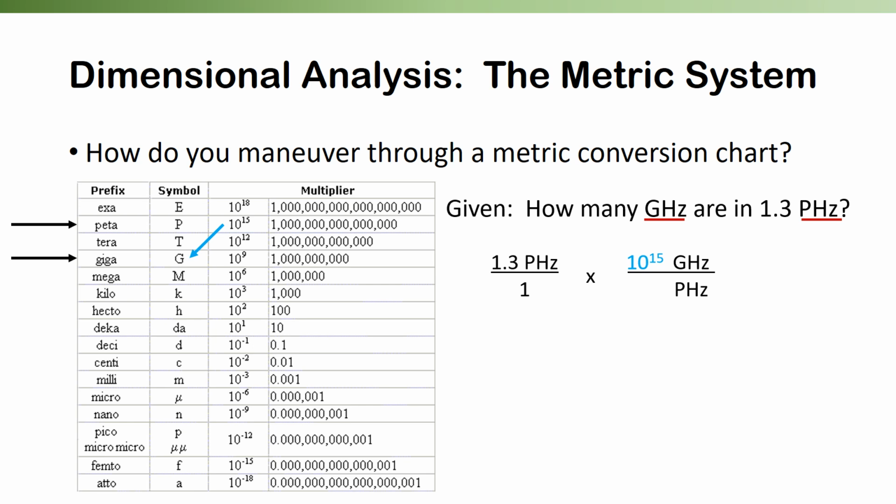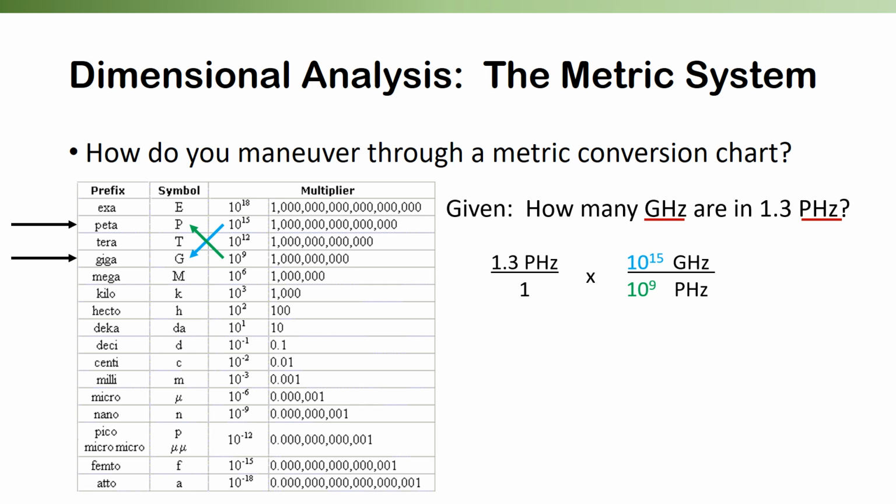So we plug that in. And next for petahertz, we're going to go to the multiplier for gigahertz, which is 10 to the 9th, and we're going to plug that into our conversion factor, which is going to be in the denominator. And with that, we have yet again created a conversion factor, complements of our chart.